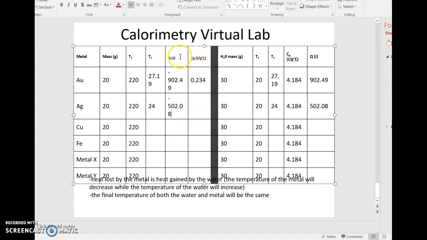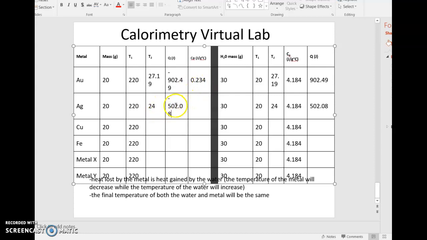Then again, I can use my formula to solve for specific heat. Remember, specific heat is heat energy divided by the mass of the material times the change in temperature. In this case, the change in temperature was 220 minus 24, so that's a difference of 196 degrees.